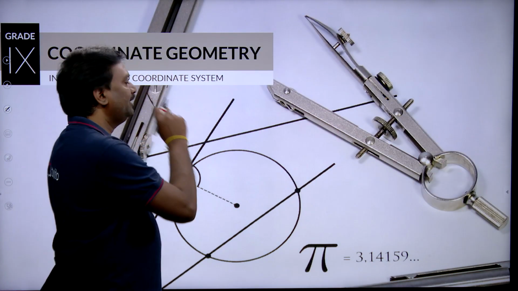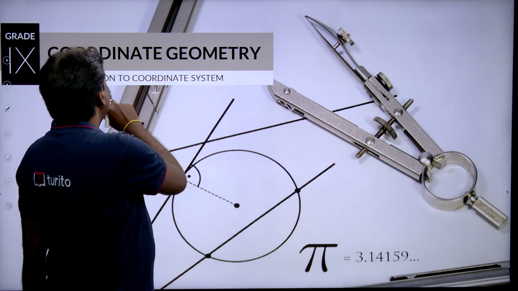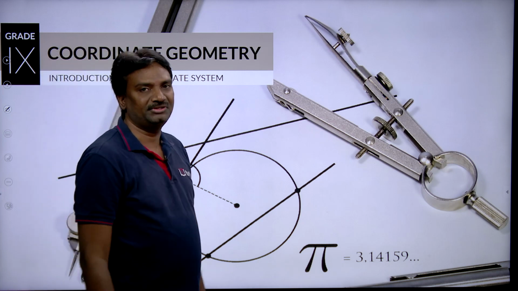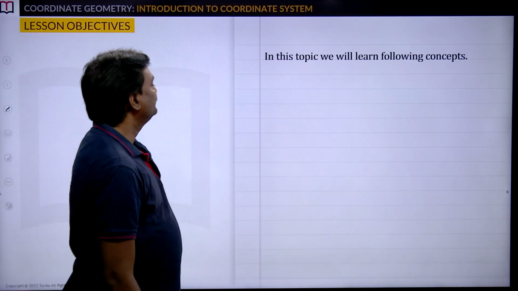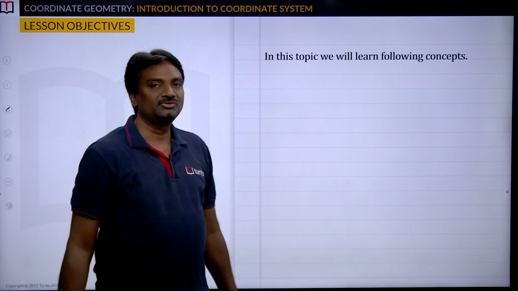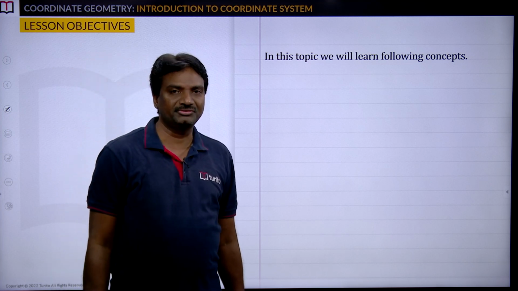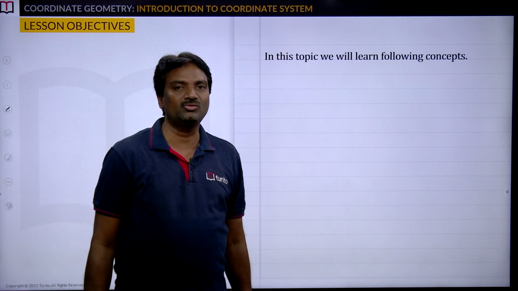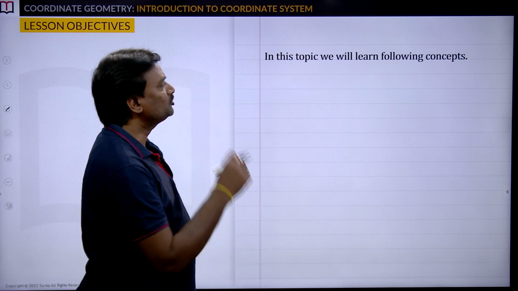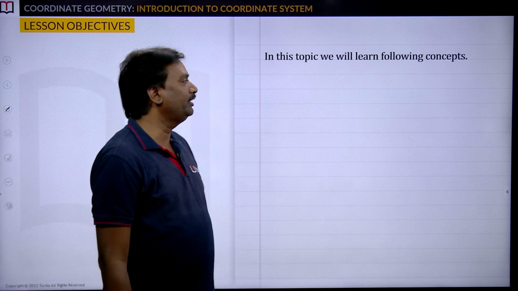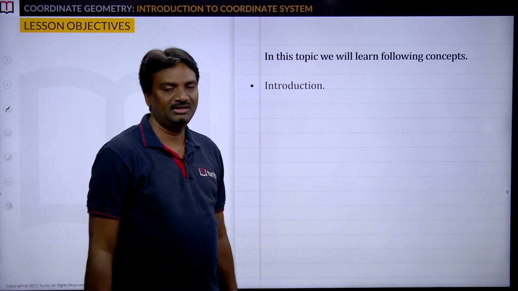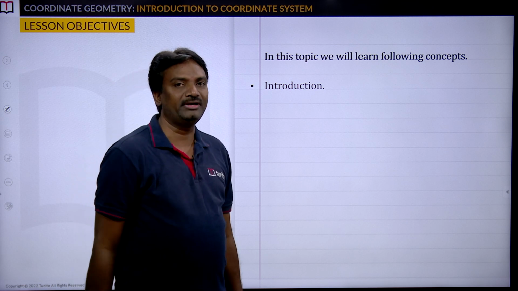So coordinate geometry, we are going to discuss introduction to coordinate system. Lesson objectives: what we are going to discuss in today's class in the chapter coordinate geometry. In this topic, we will learn the following concepts. Introduction, so first of all, what is coordinate geometry?